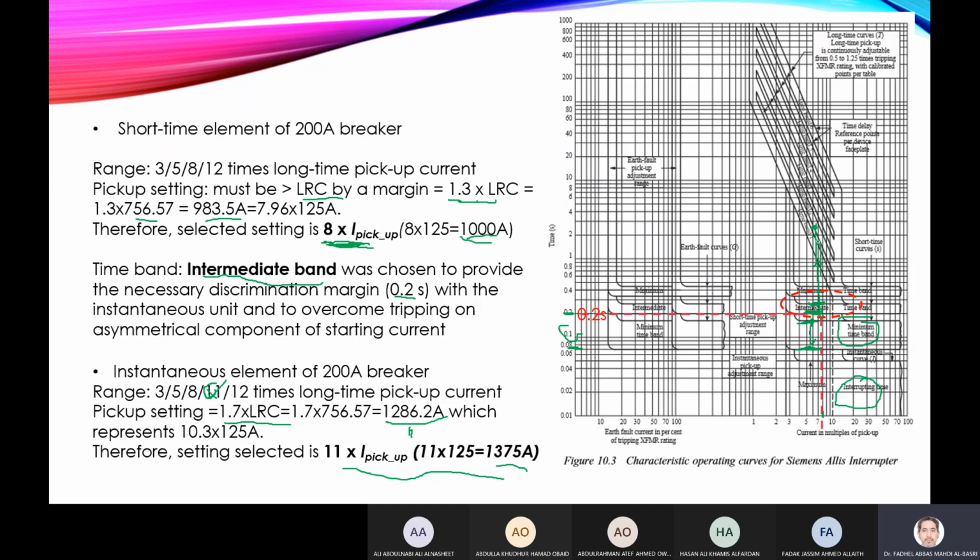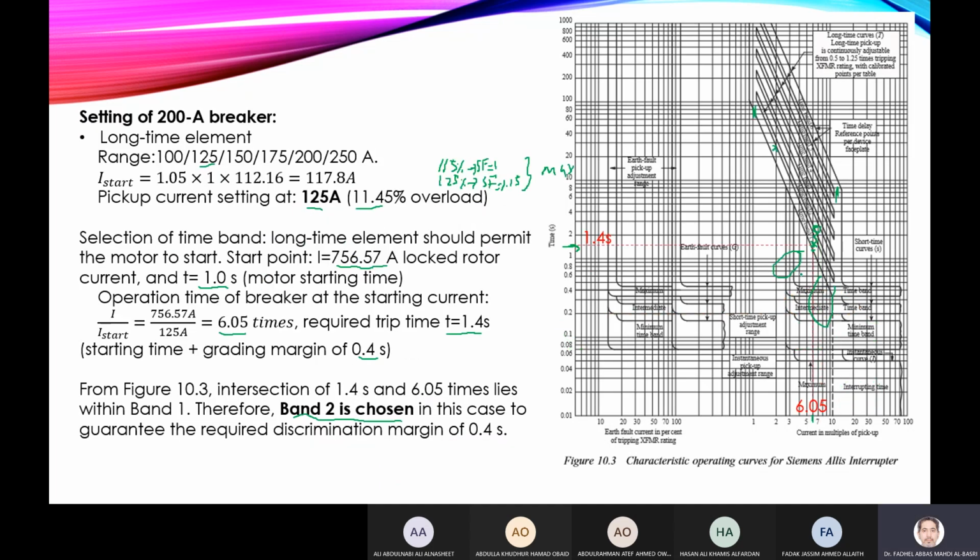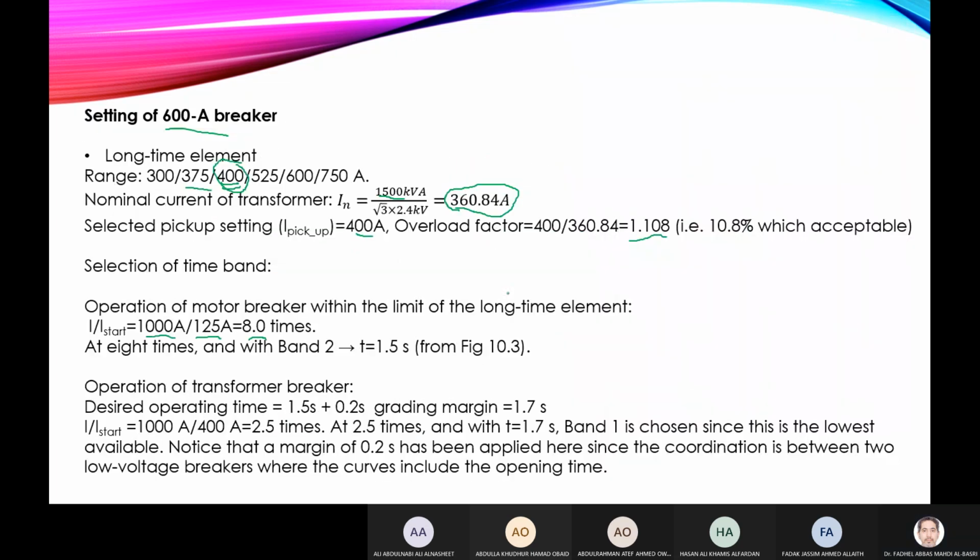At 8 times, band 2, the intermediate band, the time will be about 1.5 seconds from the curve.